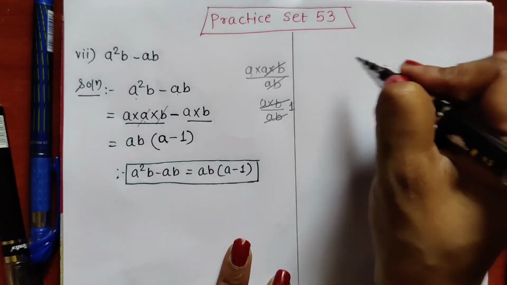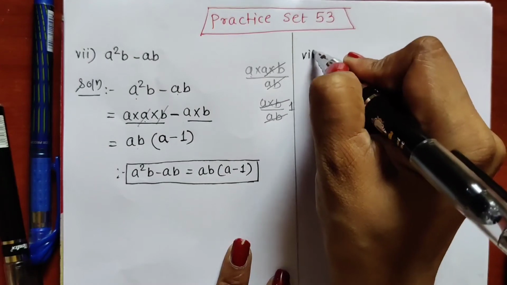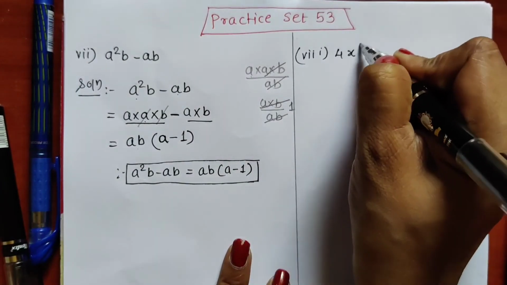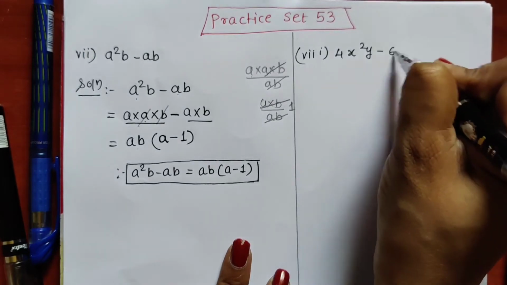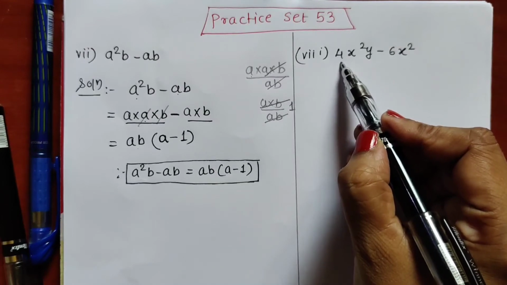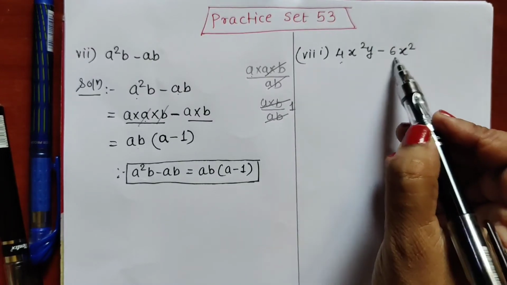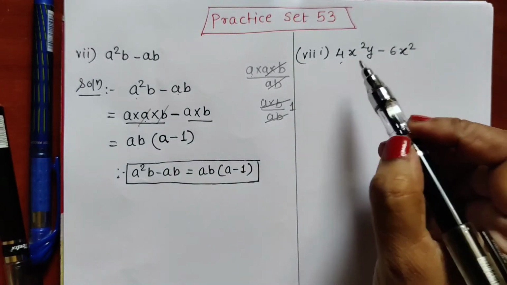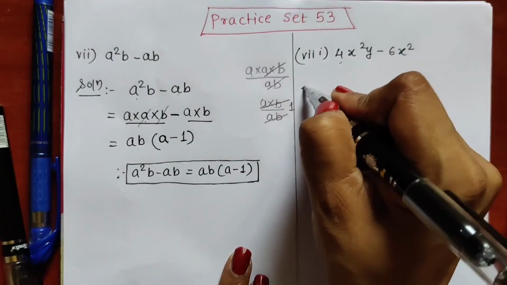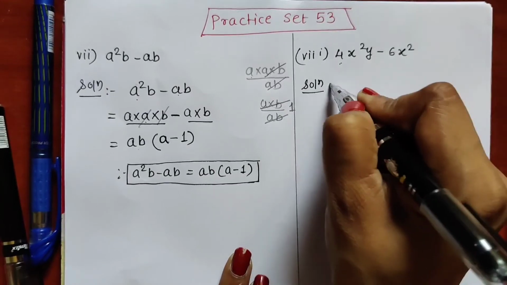Now let us see this 8th sum. It is 4x square y minus 6x square. Again we can see that 4 is the square of 2, but 6 is not a square of 2. So again in such cases we will solve by taking out common method first.